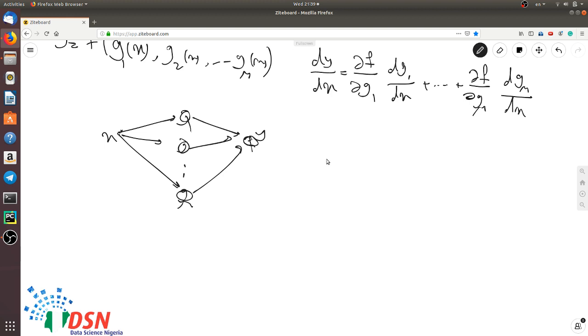So let's see a simple example to get how to calculate these numbers. Let's say we have f of x, y, and z equal to x plus y, times z.